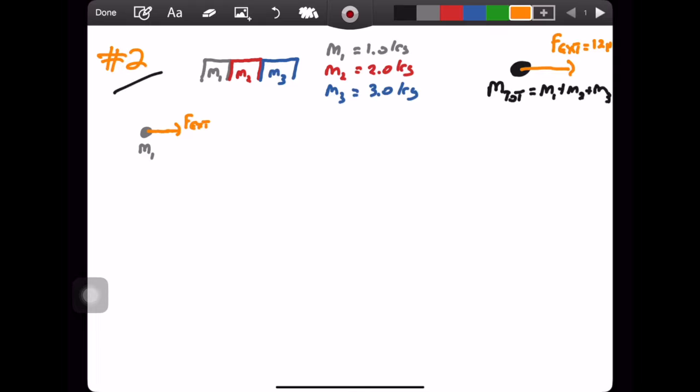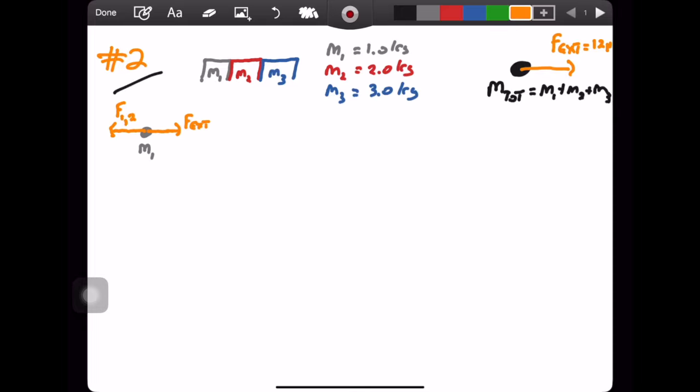Now, when that block M1 gets pushed into M2, this is where we're going to have our first action-reaction pair. If M1 pushes into M2, M2 is going to push back onto M1. And so what I'm going to do is draw a force acting in the opposite direction, and I'm going to use the nomenclature of the force acting on mass 1, that's my first index, comma, by the second mass.